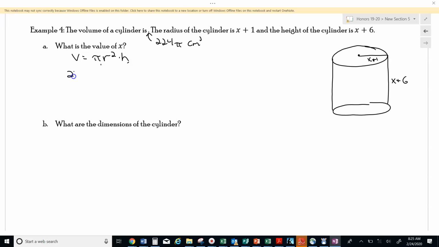So that's going to be 224 pi equals pi times my radius x plus 1 squared, and my height x plus 6. I'm going to subtract 224 pi from both sides. So I get 0 equals pi times x plus 1 squared times x plus 6 minus 224 pi.